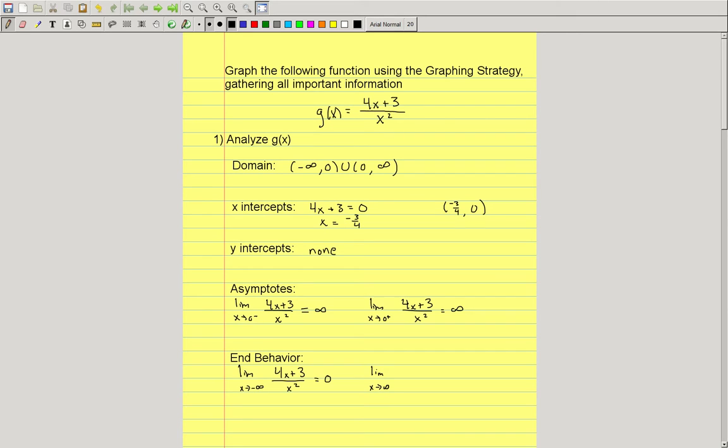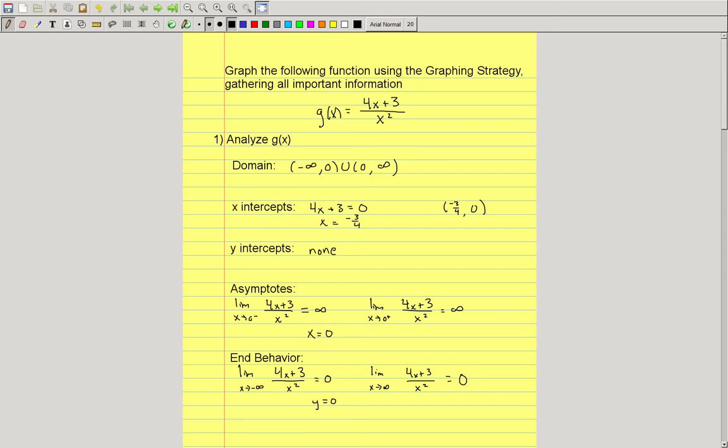If we approach positive infinity, we see that something very similar occurs. Since the degree of the denominator is greater, it dominates the behavior. So, for our vertical asymptote for our graph, we have the line x equals 0, and for the horizontal asymptote of our graph, we have the line y equals 0.